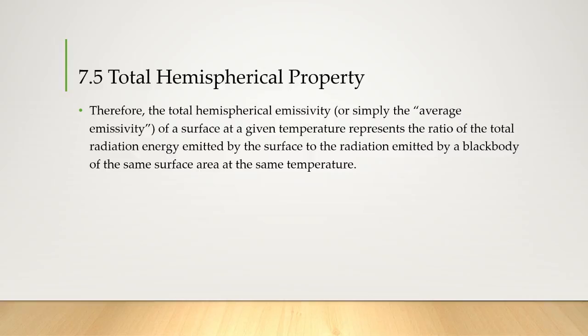Therefore, the total hemispherical emissivity of a surface at a given temperature represents the ratio of the total radiation energy emitted by the surface to the radiation emitted by a black body of the same surface area at the same temperature.